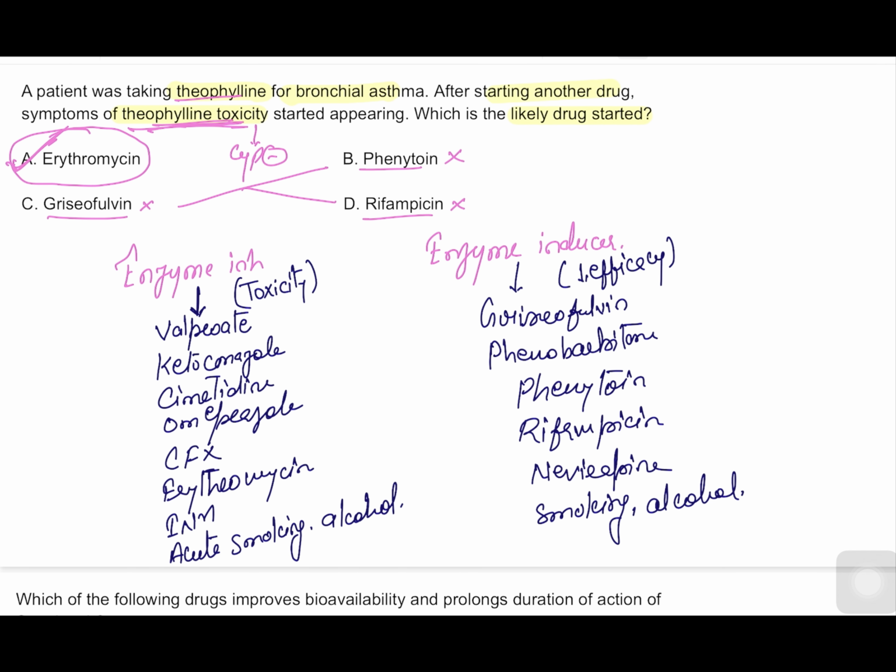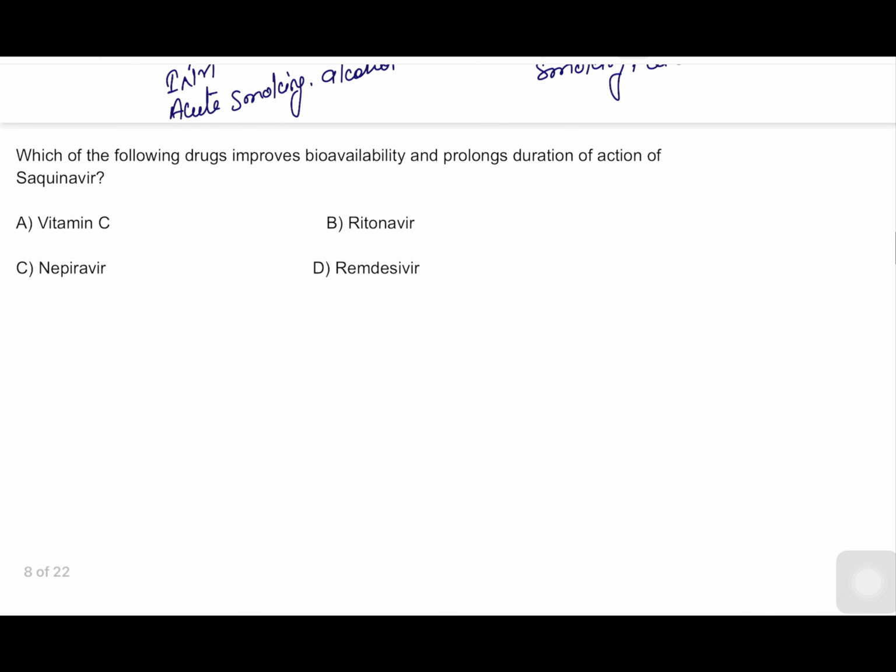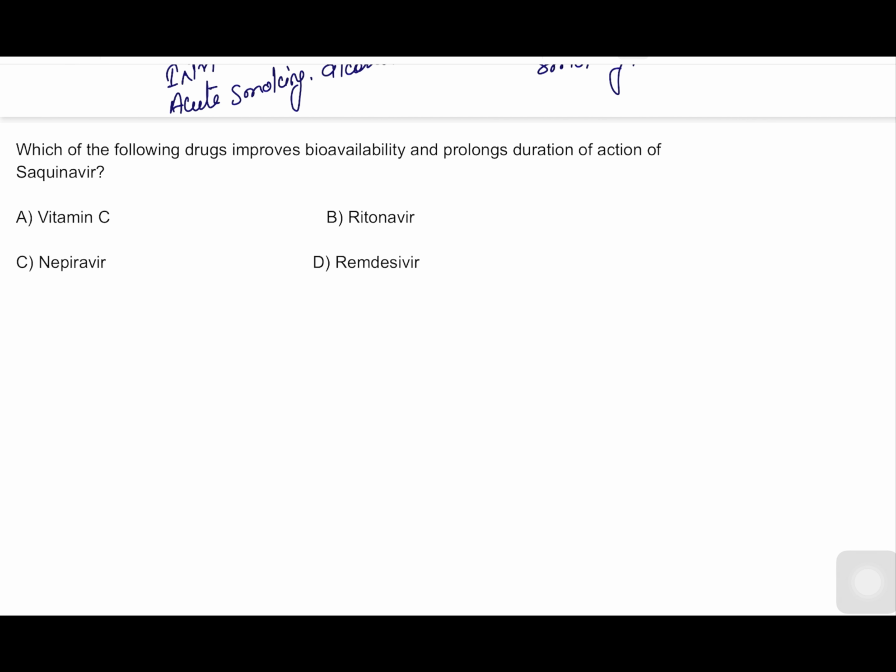So these drug interactions, they are asking more nowadays. So you need to remember at least this list of enzyme inhibitors and inducers. If they combine any drug with these, you can understand which will lead to toxicity or decrease the efficacy of the drug. Okay, so here correct answer is erythromycin.